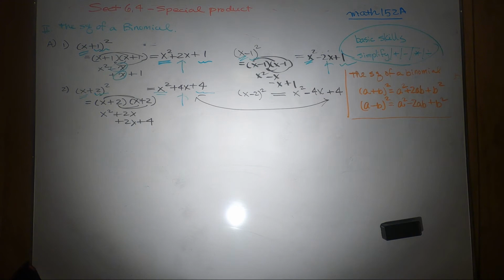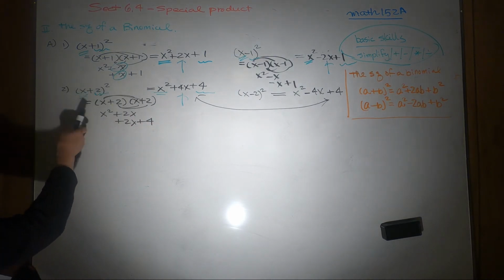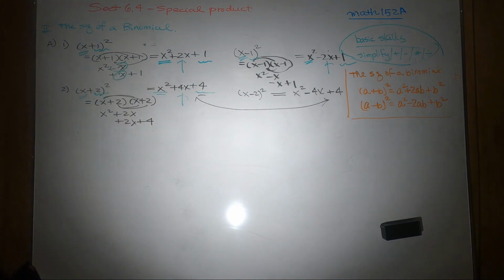Then can you see the patterns? We don't need to do FOIL, though you can still do that and get the same answer. But you can just use the formulas as a shortcut.